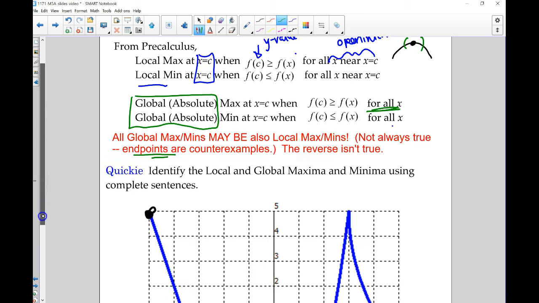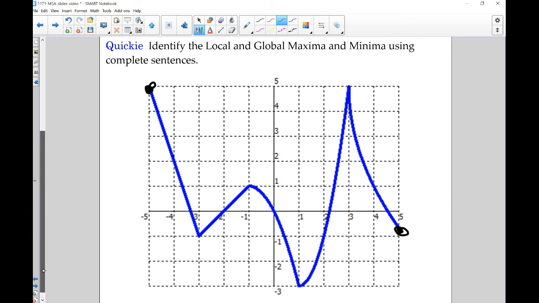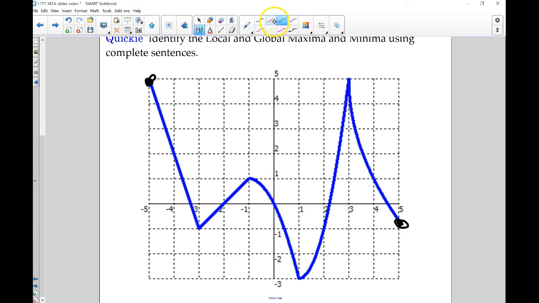Okay, so we want to identify the local and global maxes and mins using complete sentences. Just to review that language, we see that the mins locally are here and here. Over here, this endpoint, it is a y value that is smaller than a lot of other y values close to it, but again, our definition is that for a local, the function value must exist on either side.